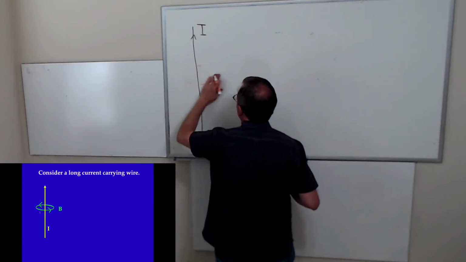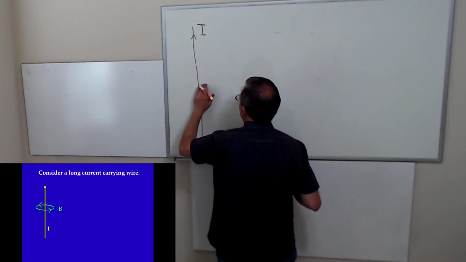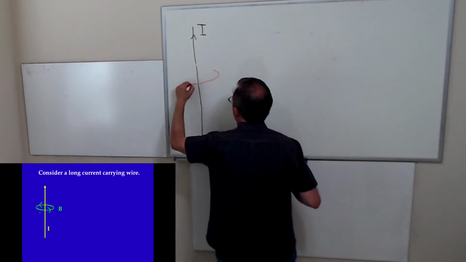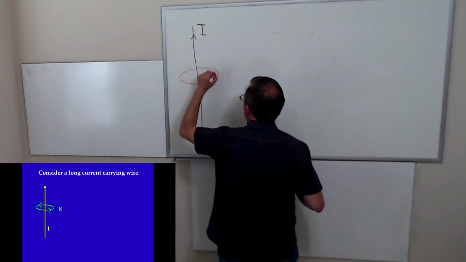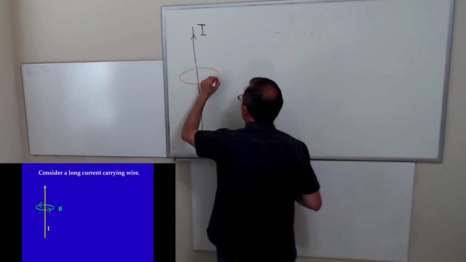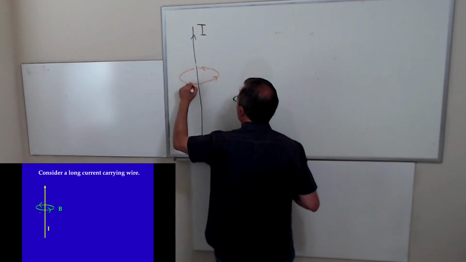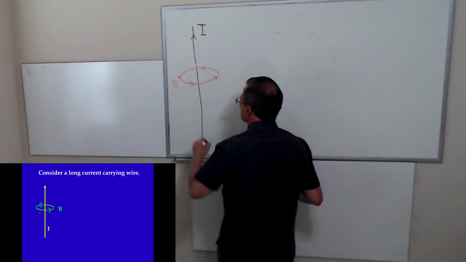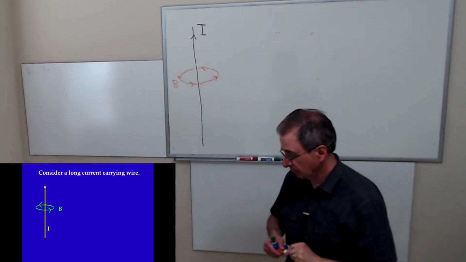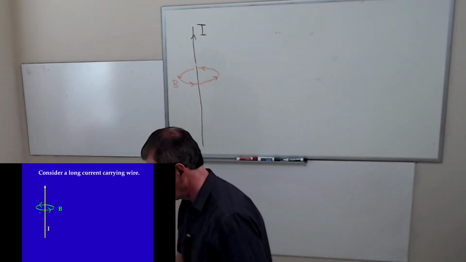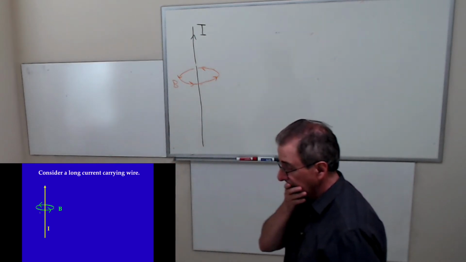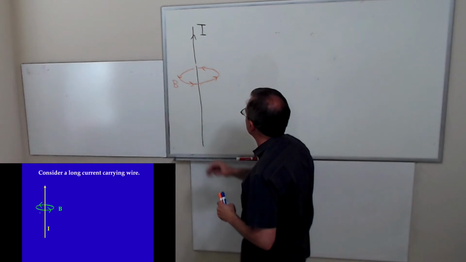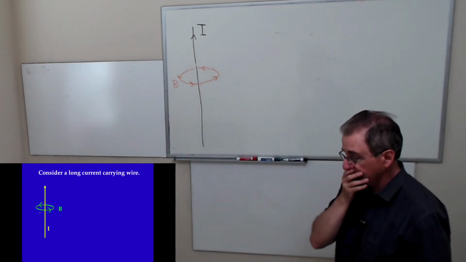Oh, that looks terrible. The magnetic field wraps around like so, at some distance away from the wire.